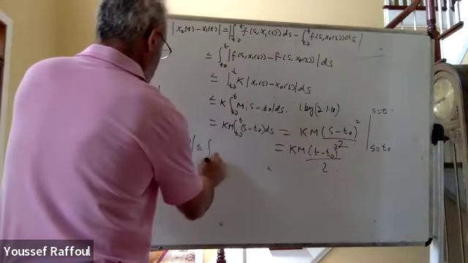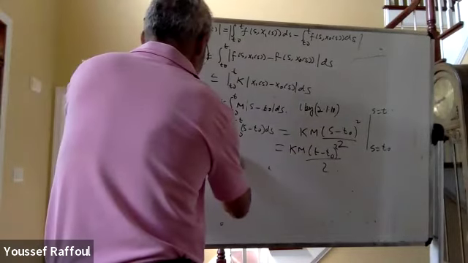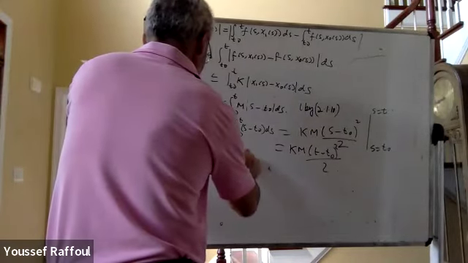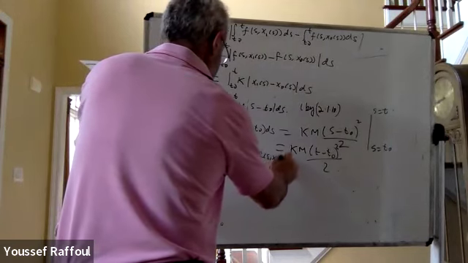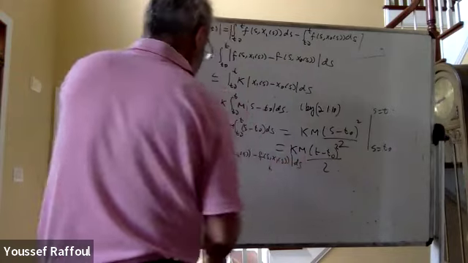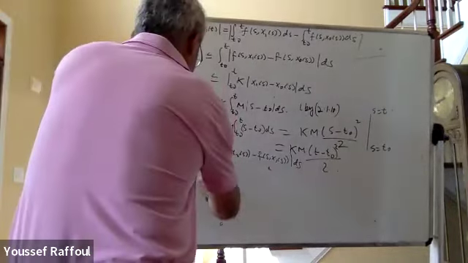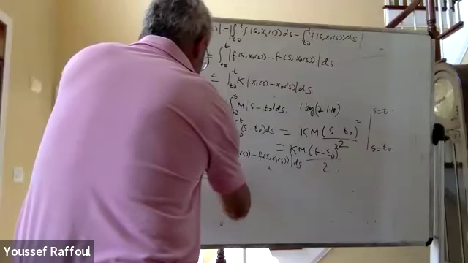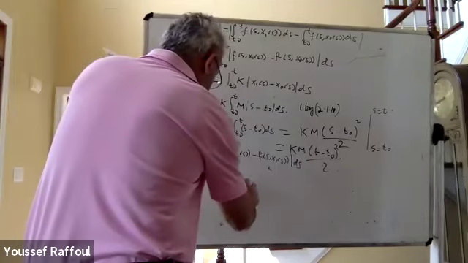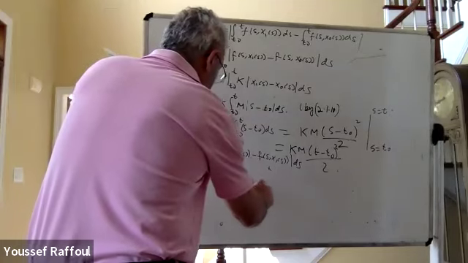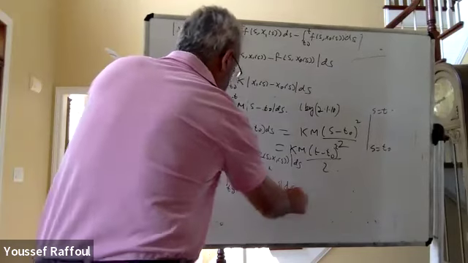And this is less or equal to the integral from t0 to t of |f(s, x2(s)) minus f(s, x1(s))| ds. Now, this is less or equal to k times the integral from t naught to t, by the Lipschitz condition, of |x2(s) minus x1(s)| ds.